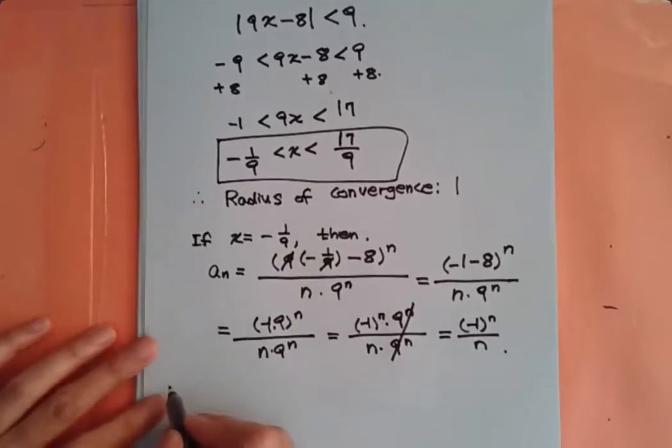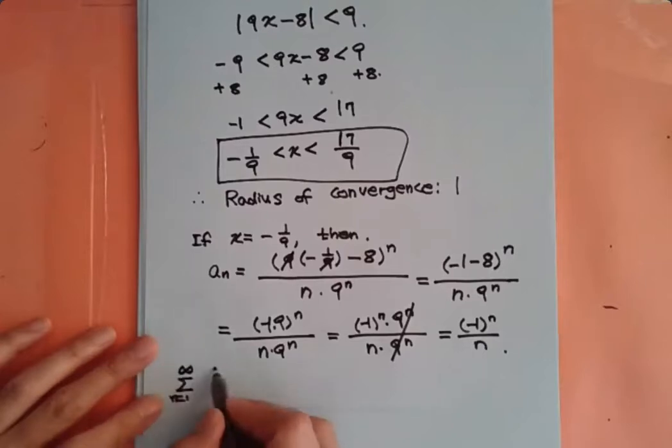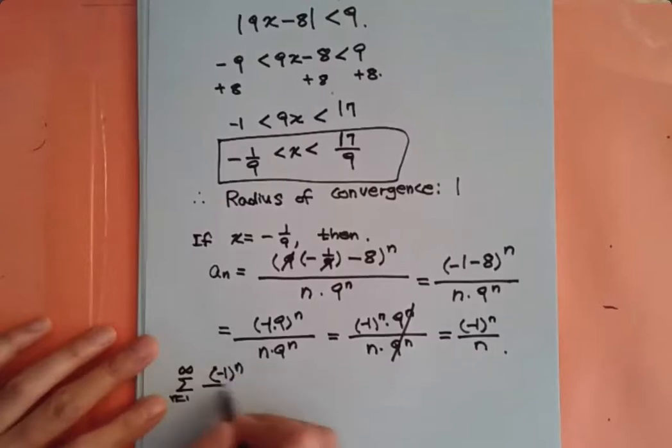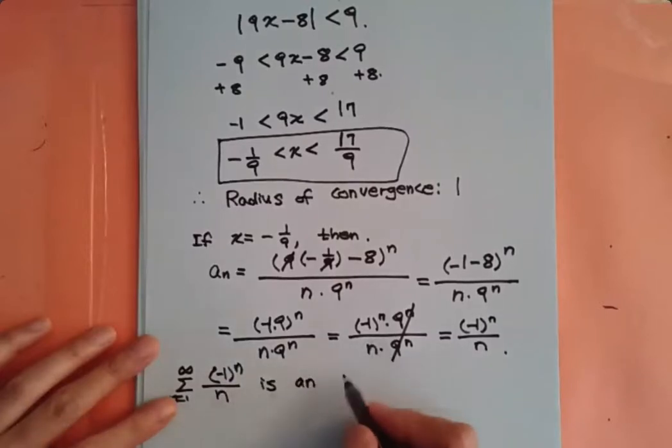So what we know is the summation n equals 1 to infinity of (-1) to the n power over n is an alternating harmonic series.